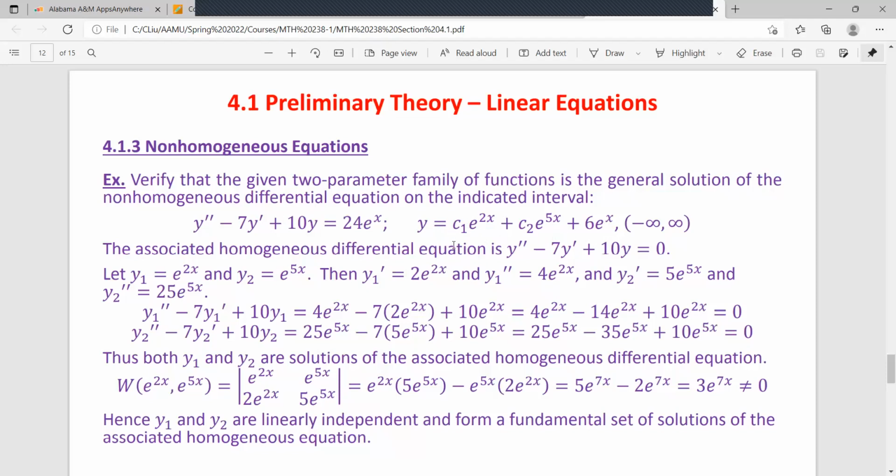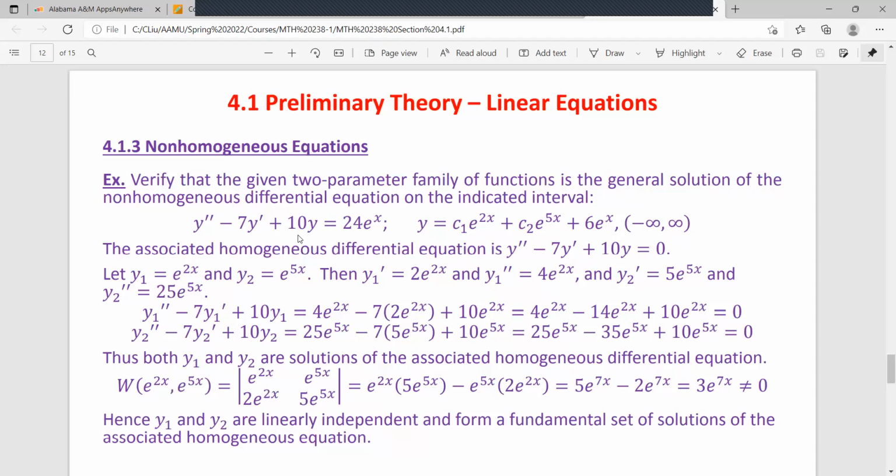This says the actual solution to this differential equation is c1 e to the 2x plus c2 e to the 5x plus 6e to the x. So you can see the first part, c1 e to the 2x plus c2 e to the 5x, is the general solution of the associated homogeneous equation. And the second part, the 6e to the x, should be one particular solution to the non-homogeneous equation.